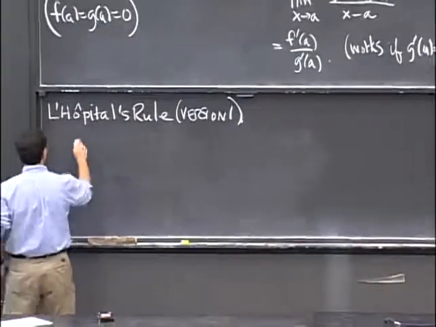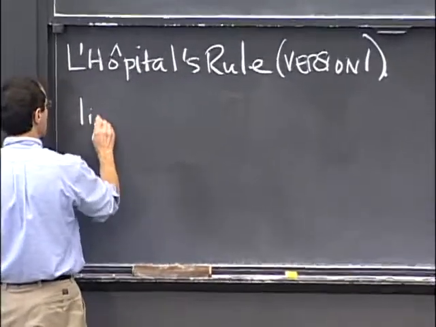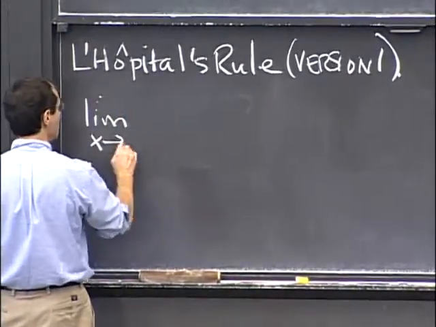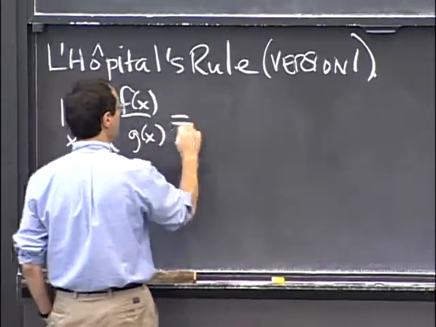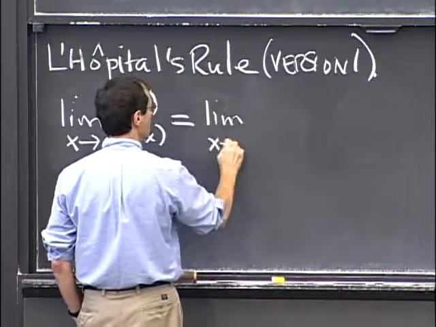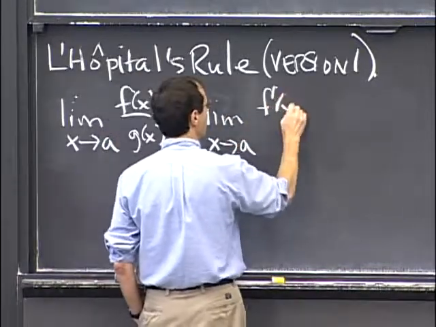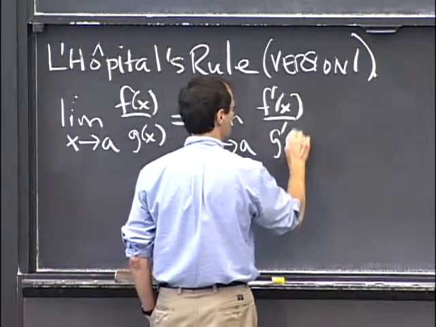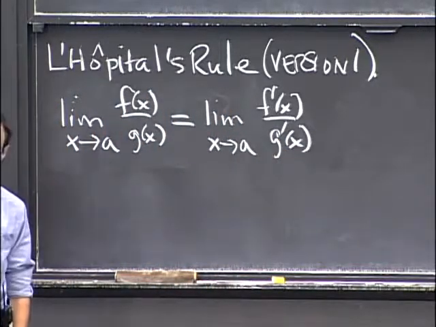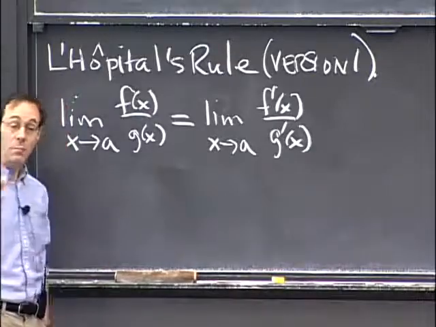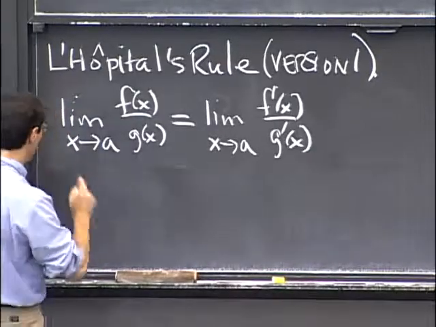So now here's what we're going to do. We're going to say that it turns out that the limit as x goes to a of f of x divided by g of x is equal to the limit as x goes to a of f prime of x divided by g prime of x. Now that looks practically the same as what we said before, and I have to make sure that you understand when it works.